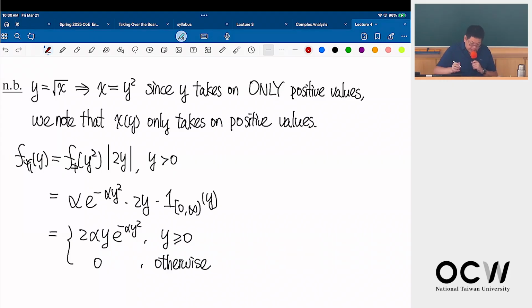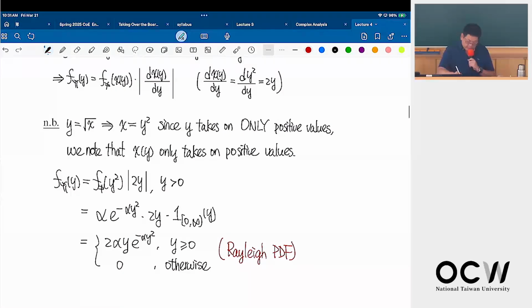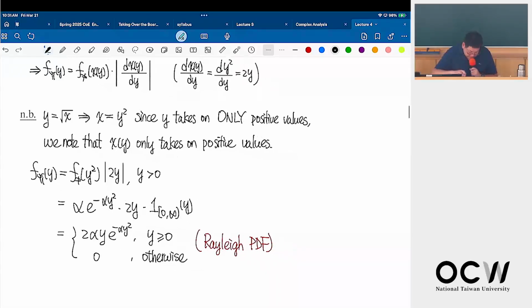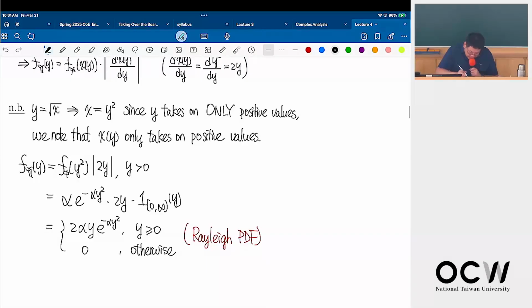And this distribution is called the Rayleigh PDF. So here's a note.